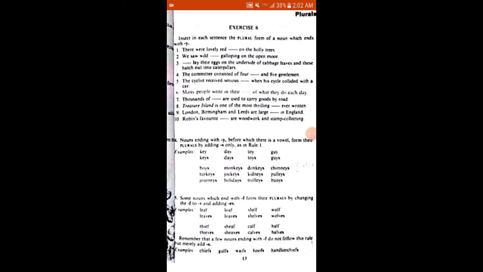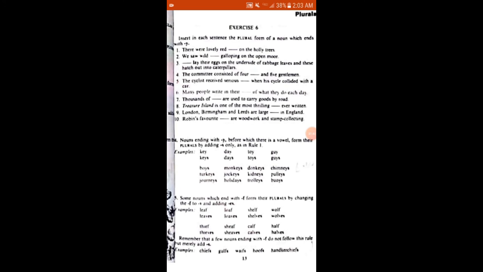For example, key: before the y there is e and e is a vowel, so we just add a single s after the y, and keys is the plural form of key. Day: before the y there is a, also a vowel, so we just add s and form the plural of the word day, meaning days.